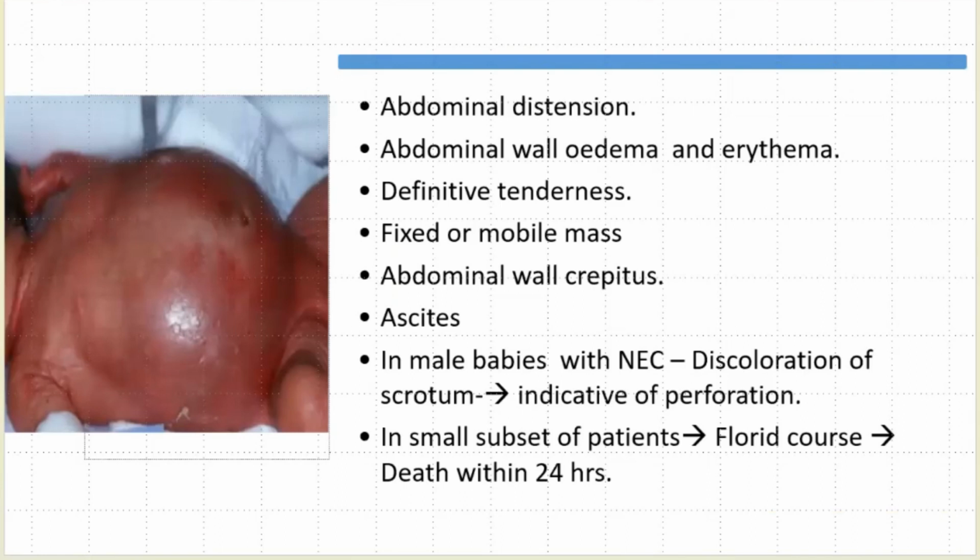There may be a fixed or mobile mass. You may feel abdominal wall crepitation when there is a pneumoperitoneum that has entered the abdominal wall. Ascites, and in male babies with a patent processus vaginalis, if there is a perforation in the abdomen, you may find discoloration of the abdomen.